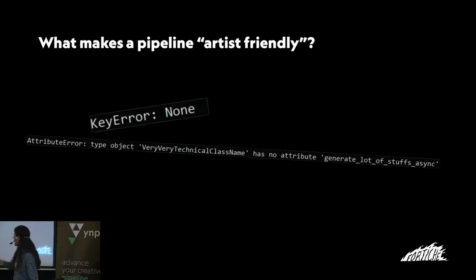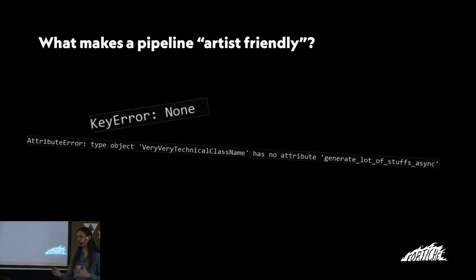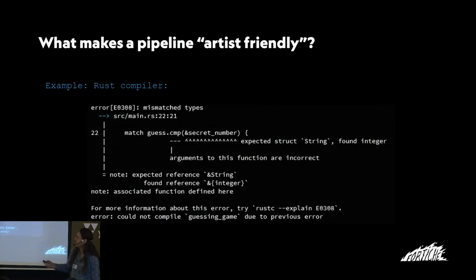So you have another example of technical error messages that can happen always, and we should never expose the artist directly to that. A good example of that is the Rust compiler, for the ones who know. For example, it explains exactly where you have an error in your code, exactly what the issue is, and how to solve it.